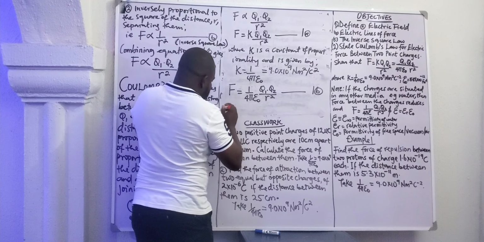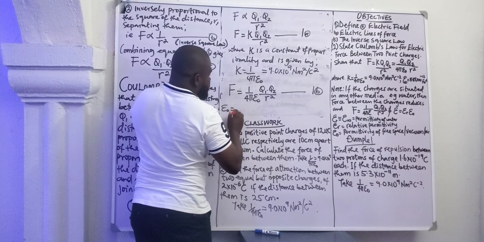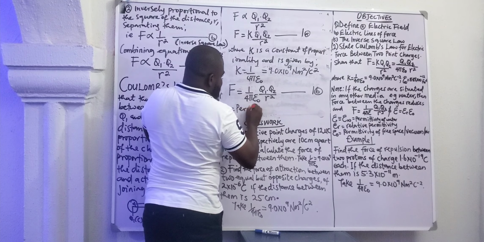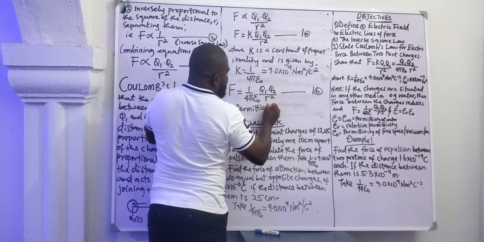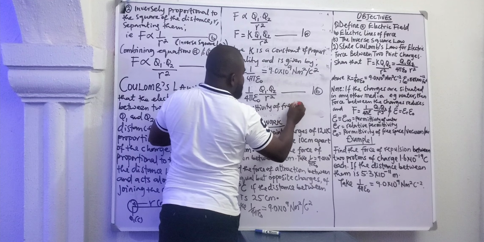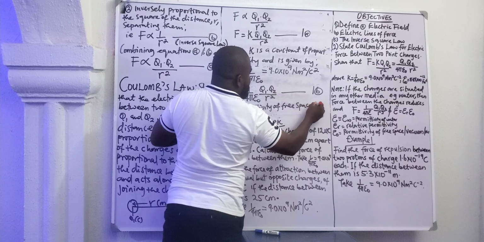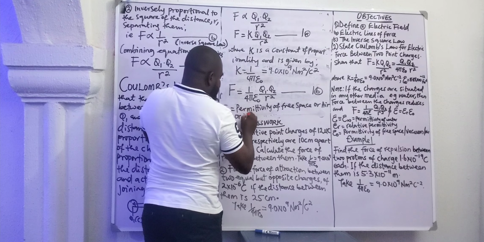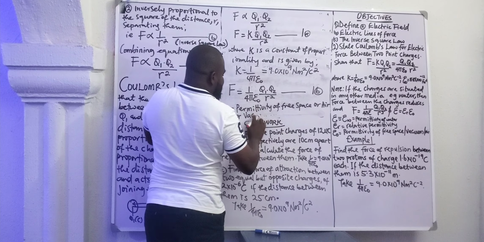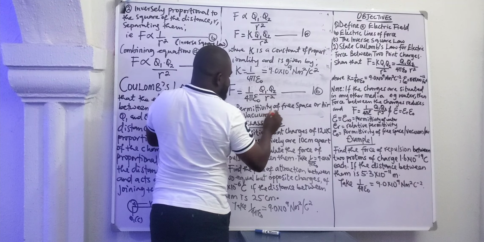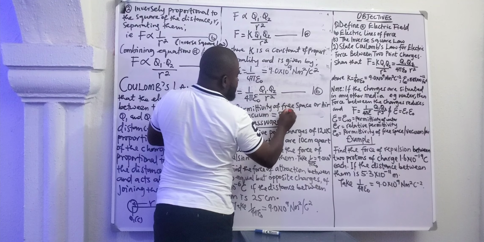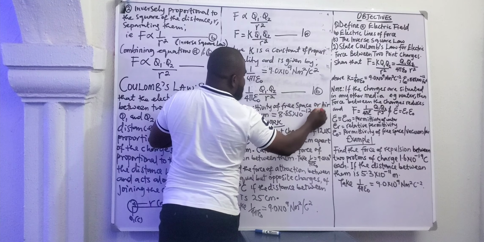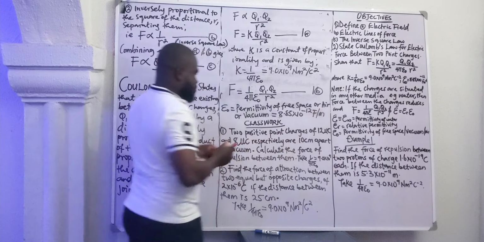Let's take that down. I said epsilon 0 is permittivity of free space or air or vacuum, and it has a constant value of 8.85 times 10 raised to the power of minus 12 farad per meter.